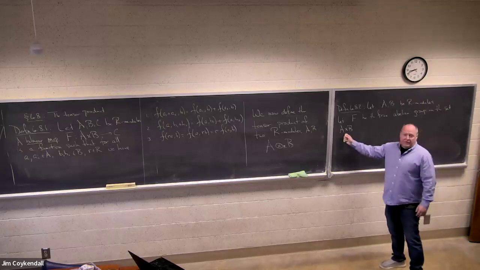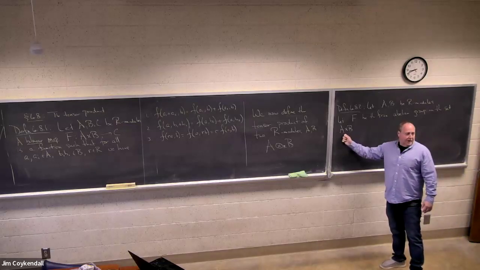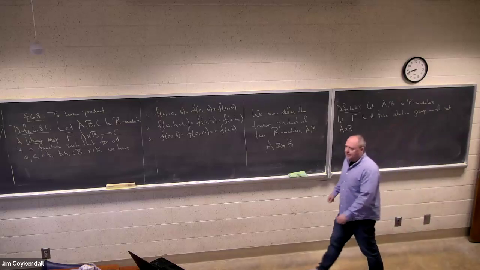In other words, you can consider every different one of these pairs (a, b) to be a different free generator. So this is a very large free module, very big.